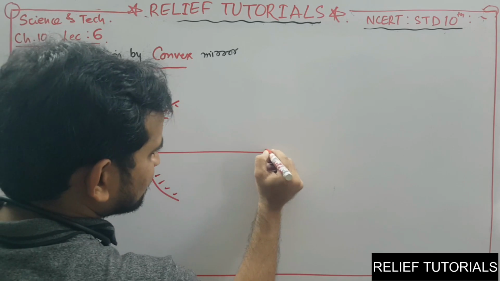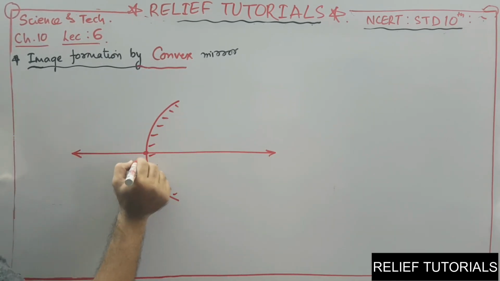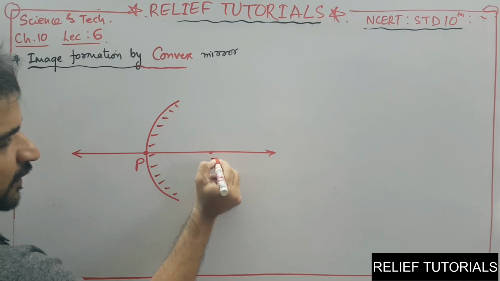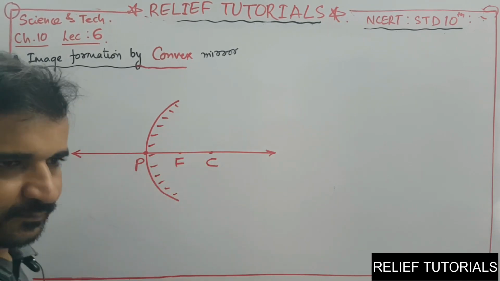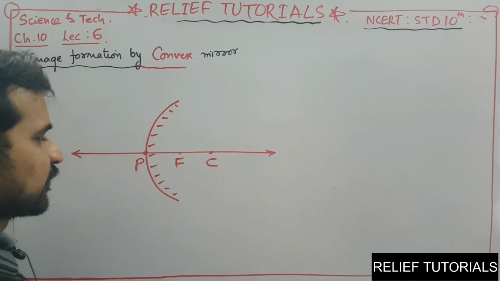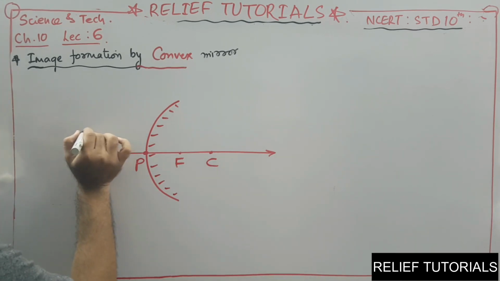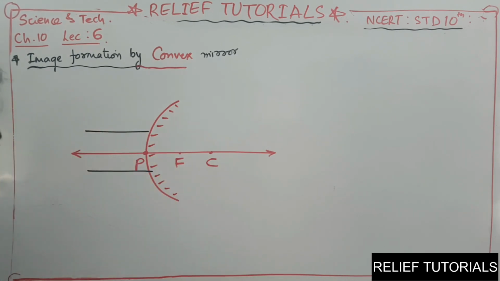This is the imaginary principal axis. Here are the pole, center of curvature, and principal focus. In the first case, we are placing the object at infinite distance, and we know that the rays coming from infinite distance are parallel to each other.